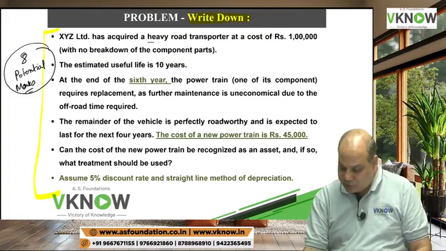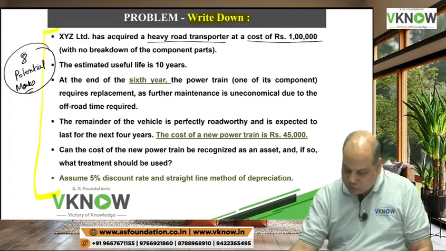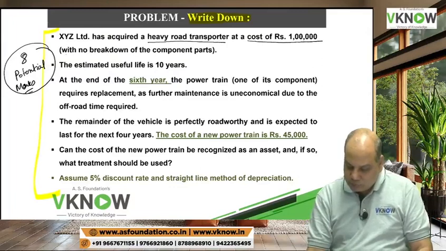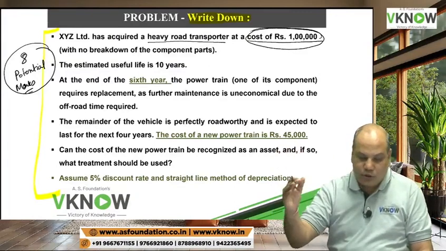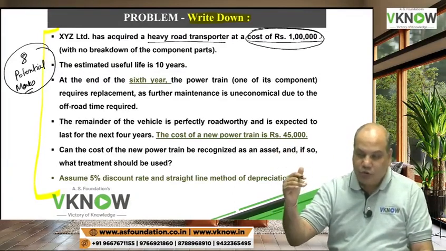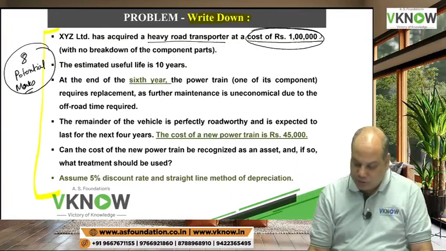So they have purchased a heavy road transporter. The total cost is 1 lakh, and there is no bifurcation of this 1 lakh. This road transporter may have many parts, but right now they don't know the bifurcation of each part.